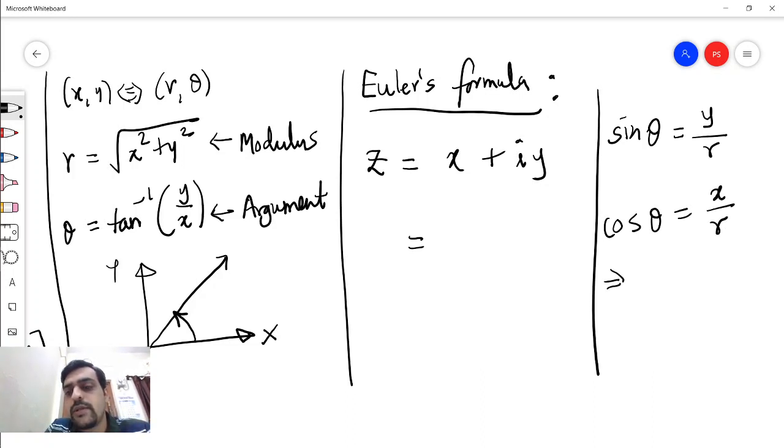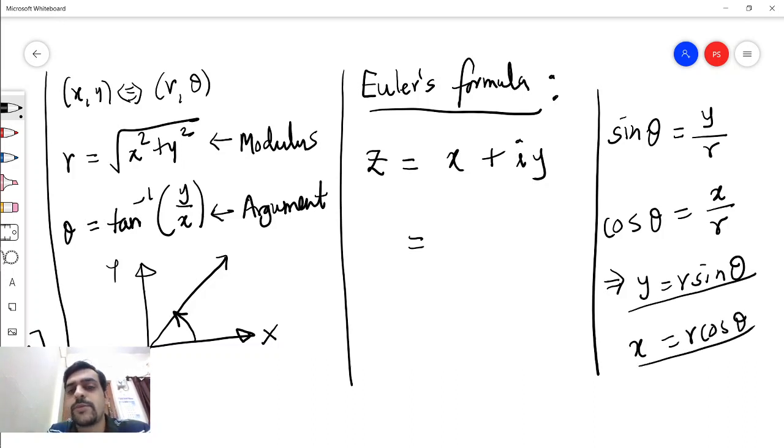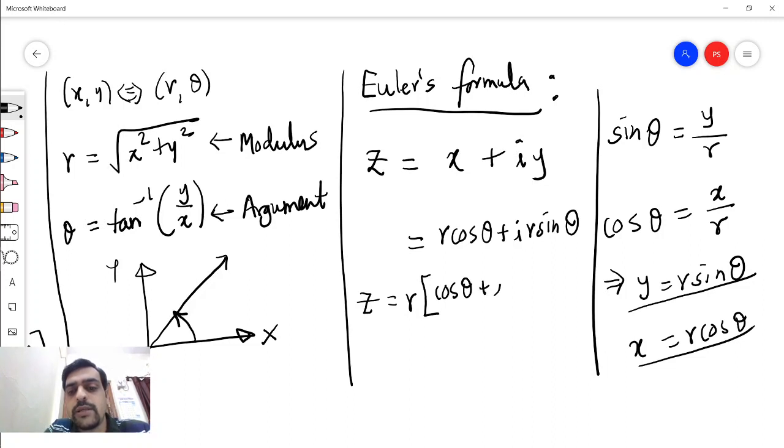So this means y is r sin theta and x is r cos theta. So these two substitutions can be done here and we can write r cos theta plus i times r sin theta. So z equals r, which can be taken common, times cos theta plus i sin theta.